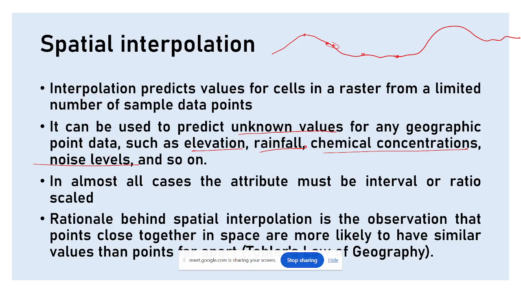So this is Tobler's law of geography, the idea behind spatial interpolation. Adjacent points might be very similar, so it's not necessary that you have to be present everywhere to get information.